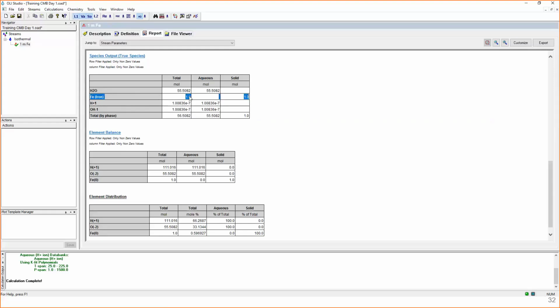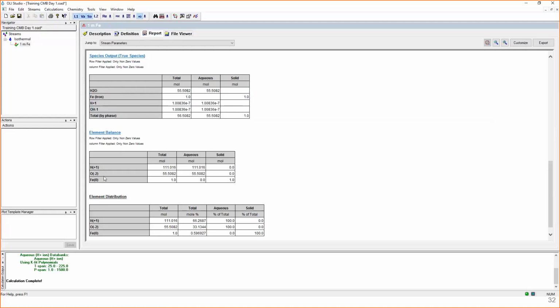You would expect that it will be oxidized, right? But it just stayed as elemental iron. And then you have the dissociation of water, so you know that it is 1 times 10 to the minus 7, and that's what you expect. You have that for both H plus and OH minus. And your total amount of water.